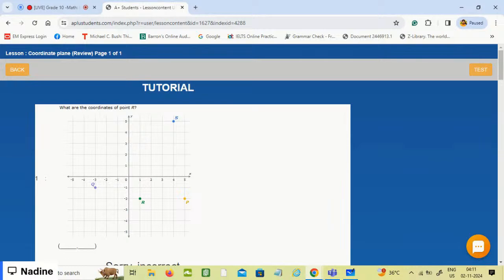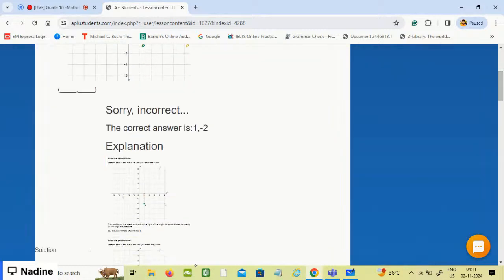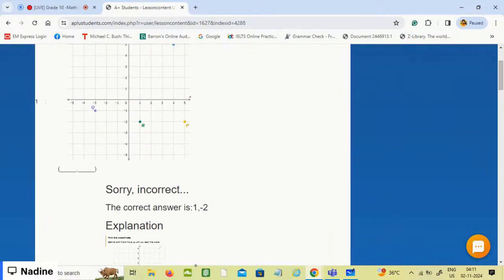What is the coordinates of point R? So let's just find the point R and then we can find the coordinate. Here is R.